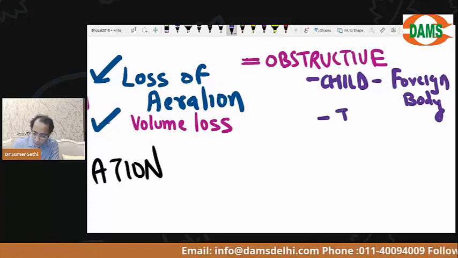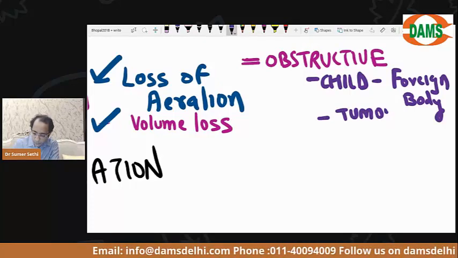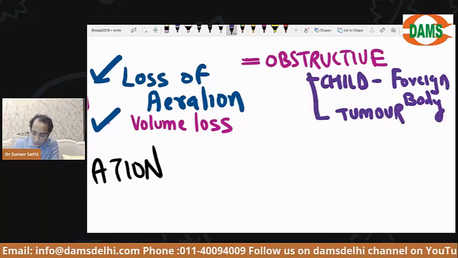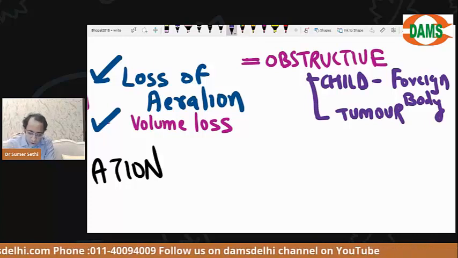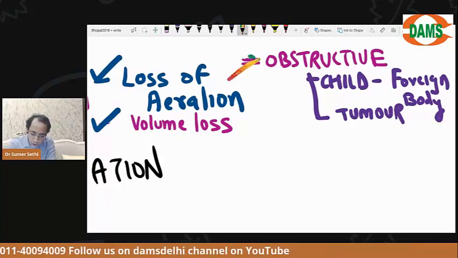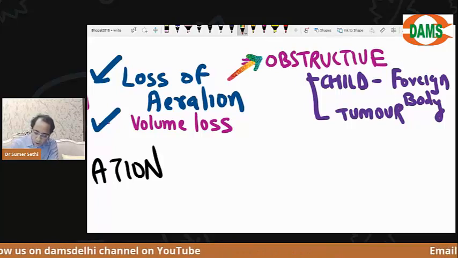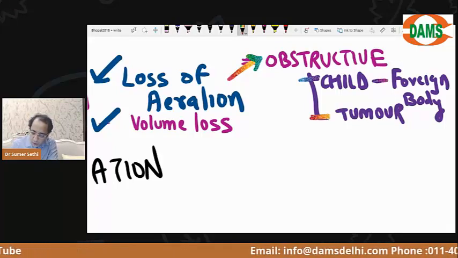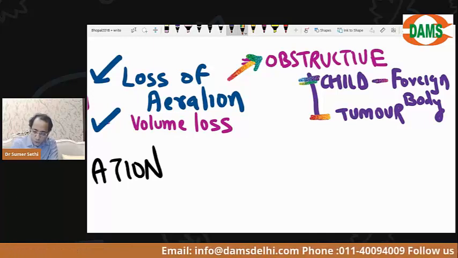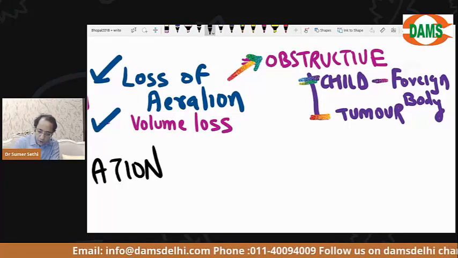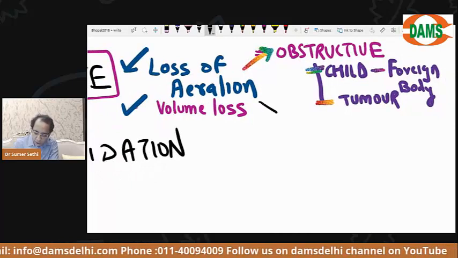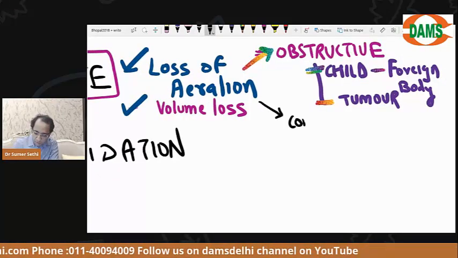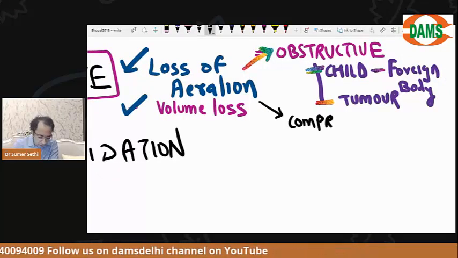Another cause of collapse could be a tumor. So remember, the most important cause to consider is bronchial obstruction, which could be as urgent as a foreign body in a child or a tumor in a chronic smoker.